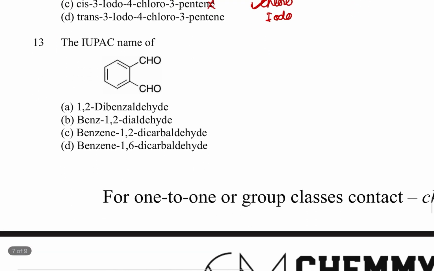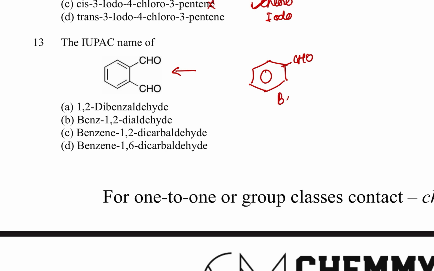Next one, IUPAC name. Normally if I see this particular structure, we call it benzaldehyde, right? But in this particular case, we have 2 aldehyde group attachment. So in this case, we use carbaldehyde, not directly benzaldehyde.